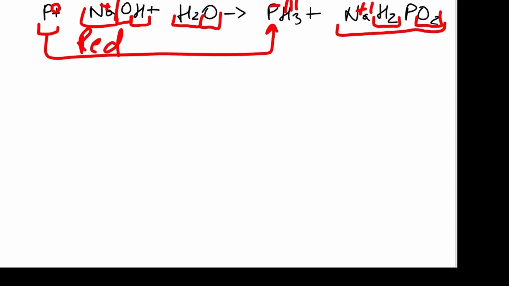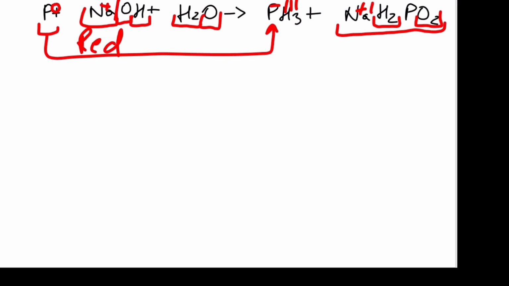In this salt, the oxidation state of hydrogen is also equal to +1. So we are sure now that there is no change of oxidation state of hydrogen atoms. So what else? I think we checked everything.